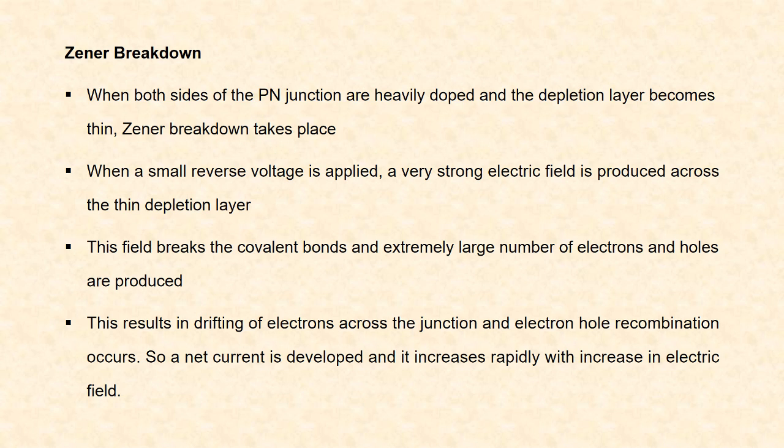This field breaks the covalent bonds and an extremely large number of electrons and holes are produced. This results in drifting of electrons across the junction and electron-hole recombination occurs. So, a net current is developed and this current increases rapidly with increase in electric field.